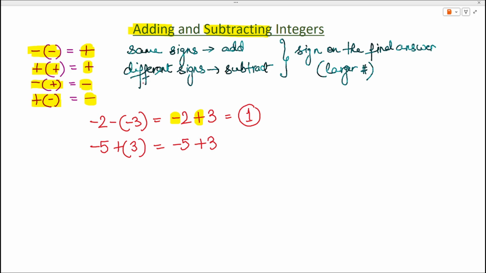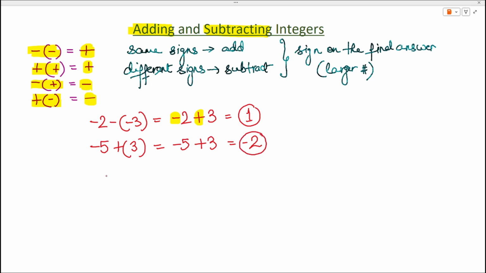When there are different signs, we subtract. So let us subtract 5 and 3. 5 minus 3 is a 2. But now the sign is going to be negative because the larger number 5 has a negative sign. So the final answer is going to be -2.